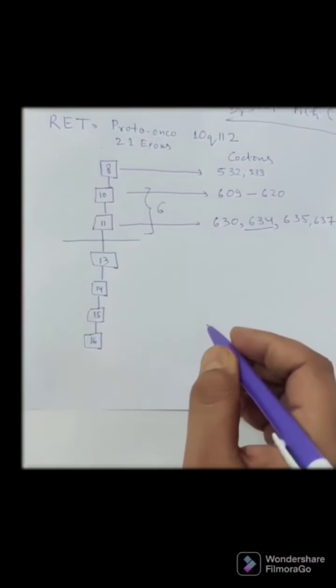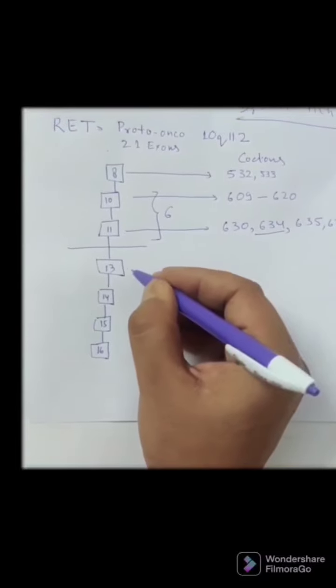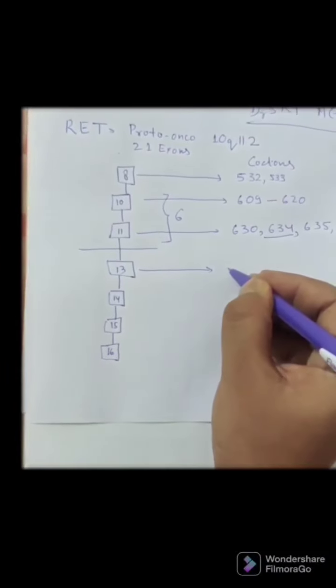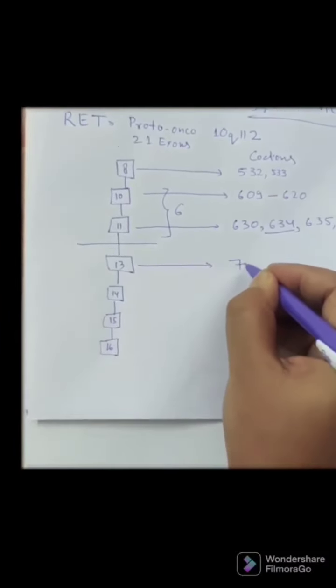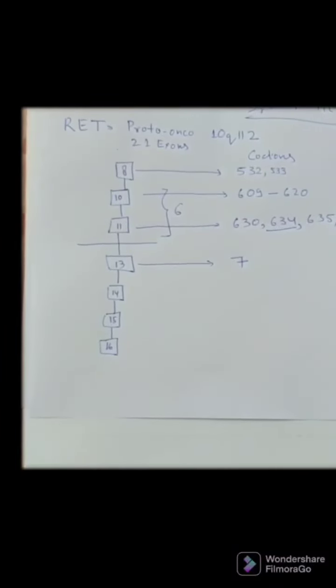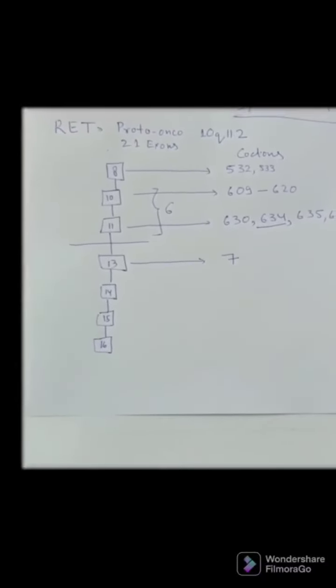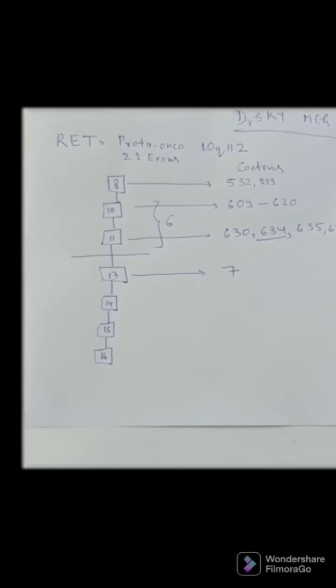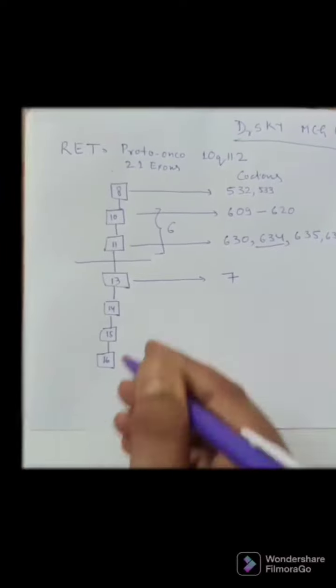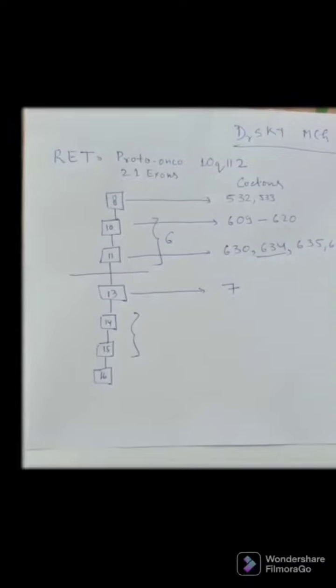Then codons in the series starting with 7 are located on exon number 13. All 7 series: codons 768, 790, 791. I think it will not be important for you. Then the series starting from 8 is located on exon number 14 and 15.